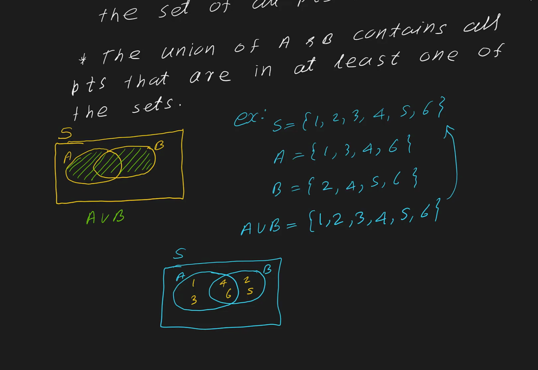So 1, 2, 3, 4, 5, 6, therefore no elements are outside of A and B.